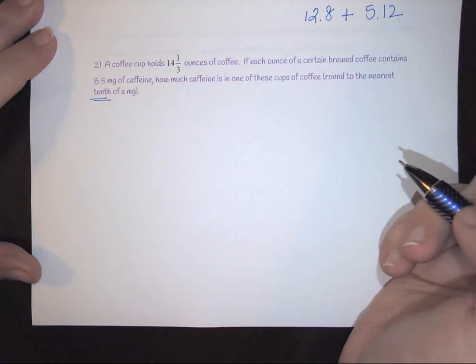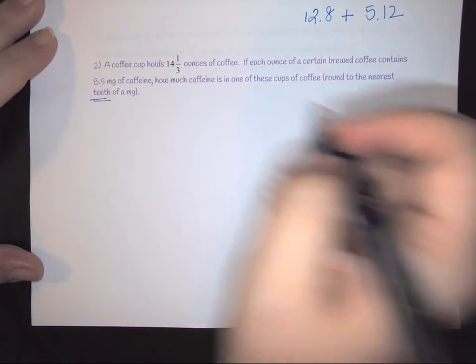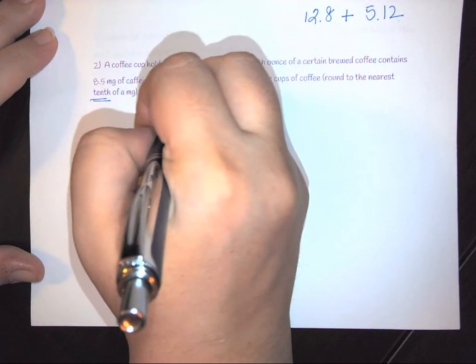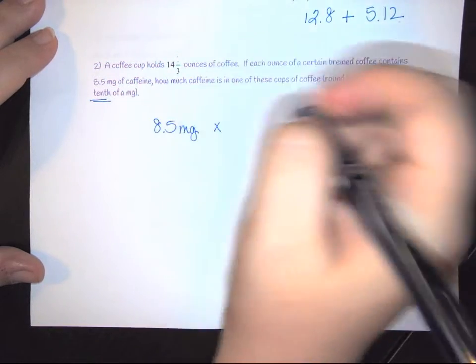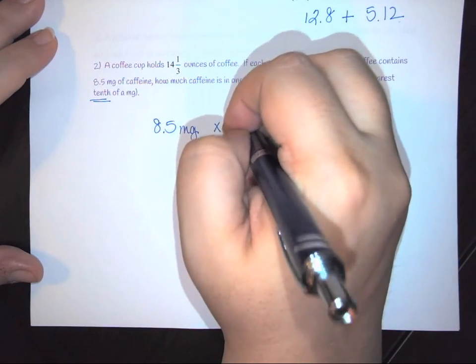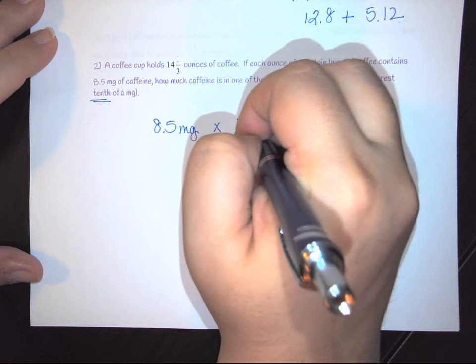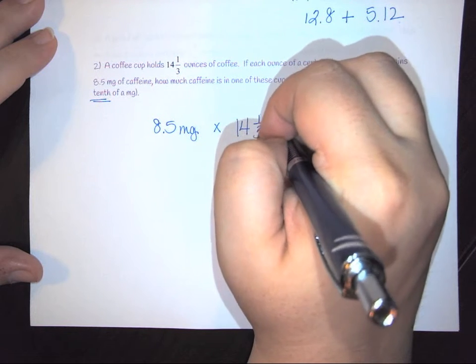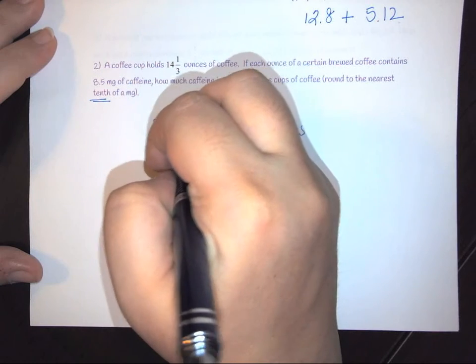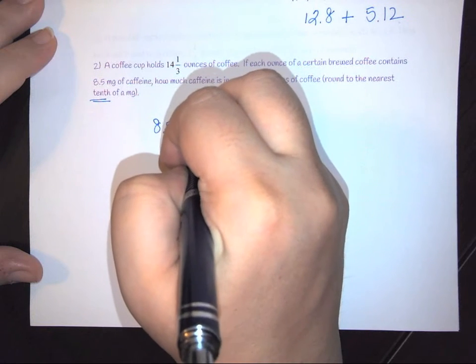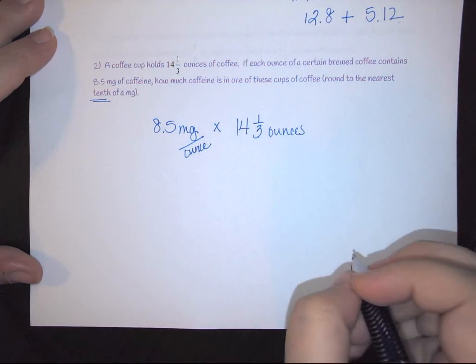I know each ounce contains 8.5 milligrams, and my coffee cup holds 14 1/3 ounces. Okay, and this is milligrams per ounce.